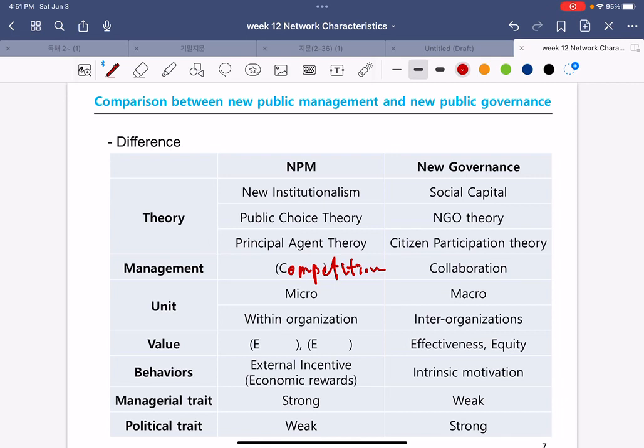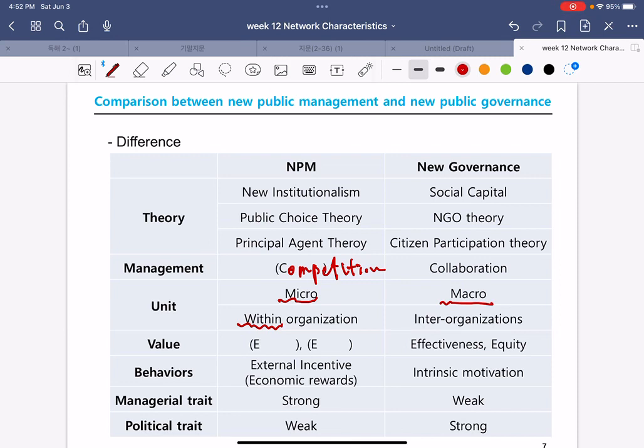Also, in terms of unit, as I said, NPM is micro, very narrow, and the reforms are emphasized within the organization: between boss and subordinate, between the central government and local government, between high-ranking officers and low-ranking officers. But the new governance is a macro approach.